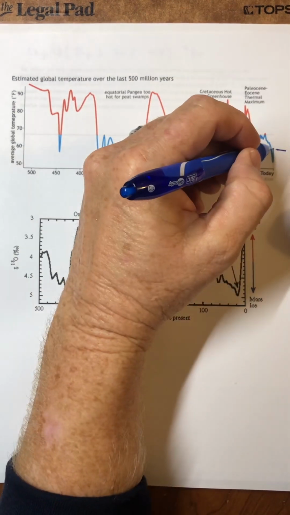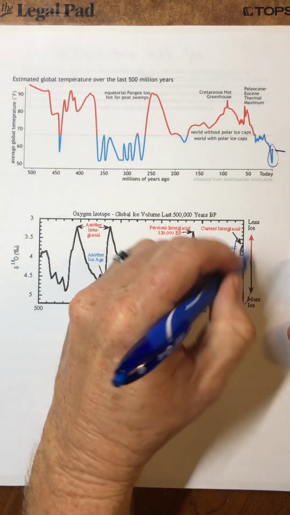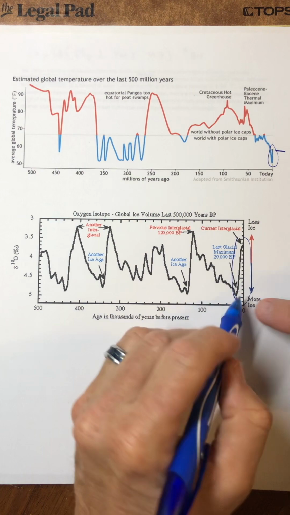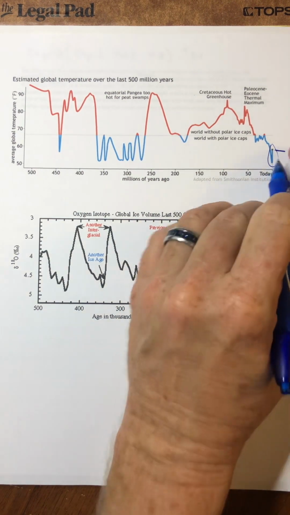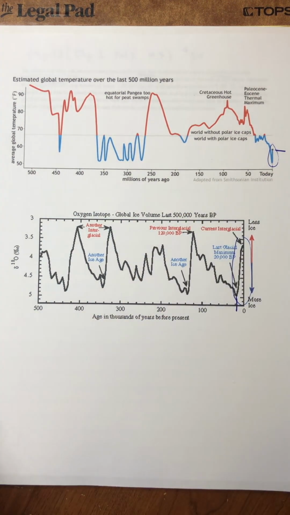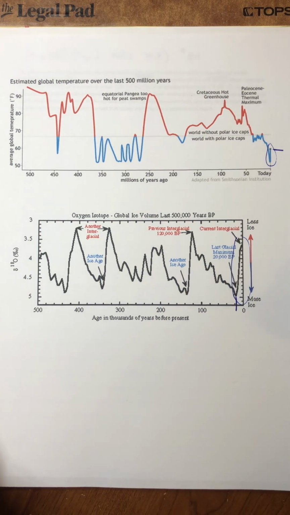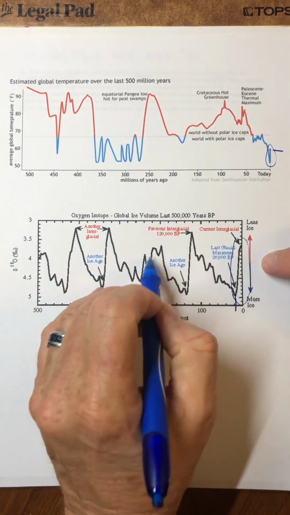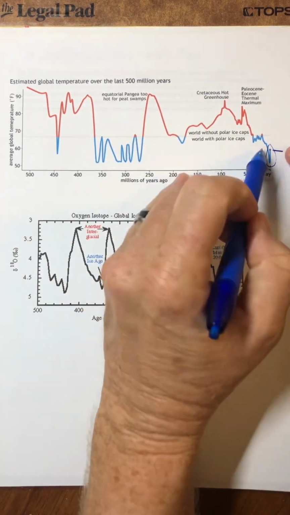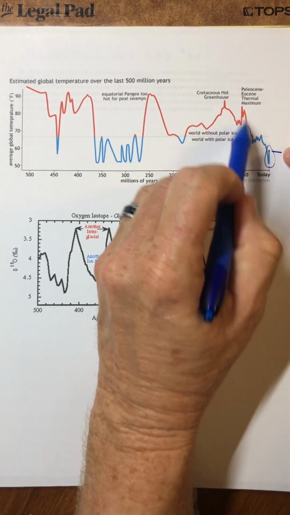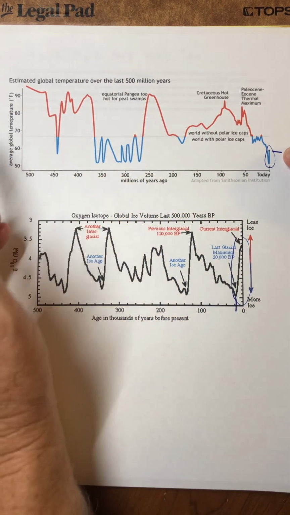You can see that in this area where we currently live, there's been a huge increase in our temperature, and so our sea levels have been rising. But what I really like is how this one, in the last 500,000 years, or even going back millions of years, shows how warm the Earth was.